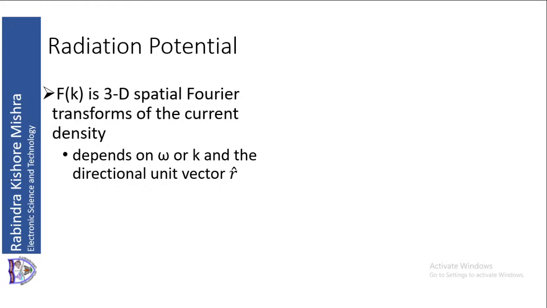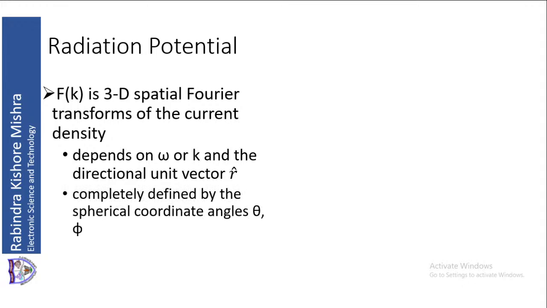So this is like a Fourier transform of the current density J. This depends on omega or k, since k is equal to 2 pi by lambda, or k is equal to omega into root over mu epsilon. Therefore this depends on either k or omega, and on the directional unit vector r cap, because it is k dot r'.